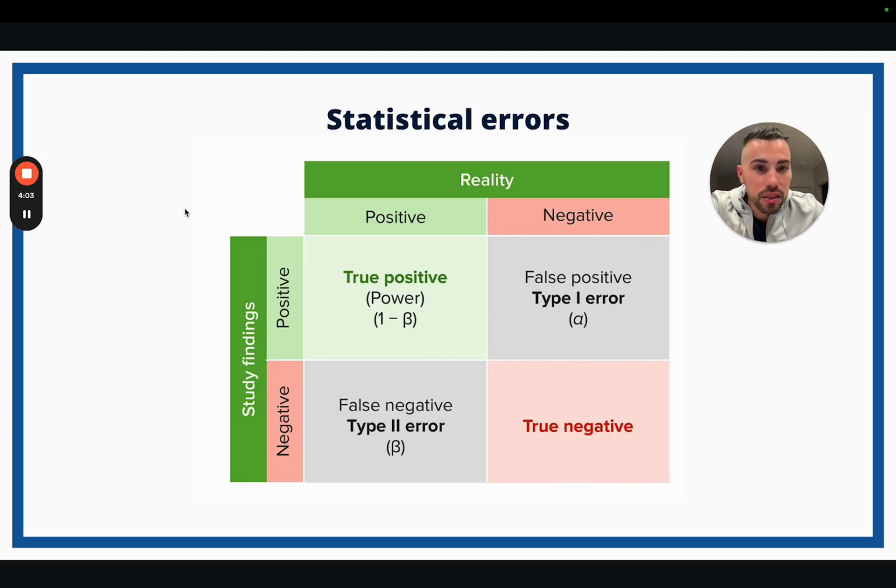But with the false positive, people can make changes to their diet, to their workout, to their nutritional planning, start taking medication. So we want to take care of those false positive results. And the last scenario will be the reality telling us that there is no difference, and our study findings being congruent with that result. In other words, a true negative.